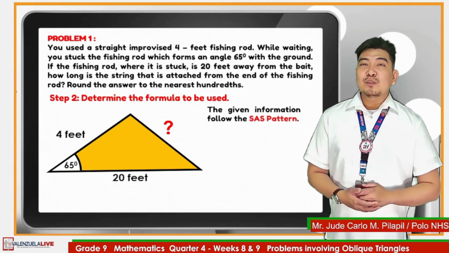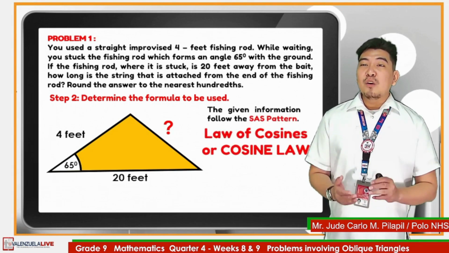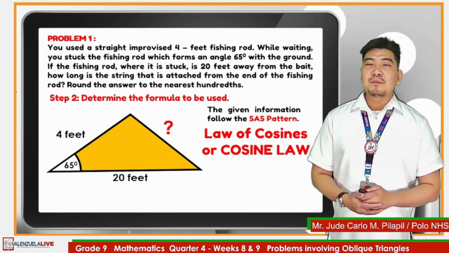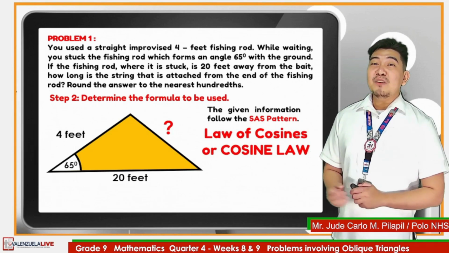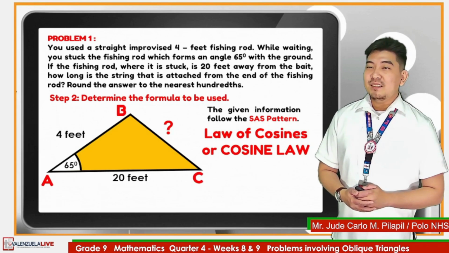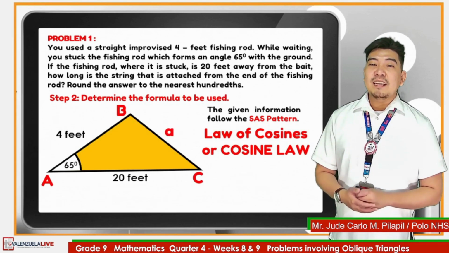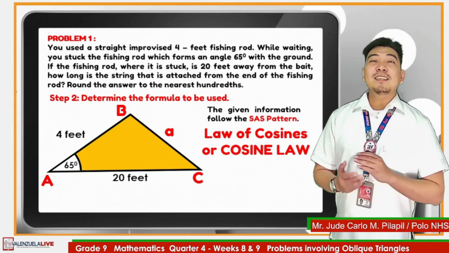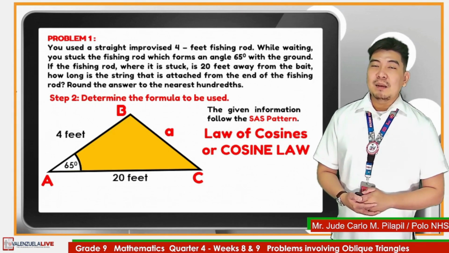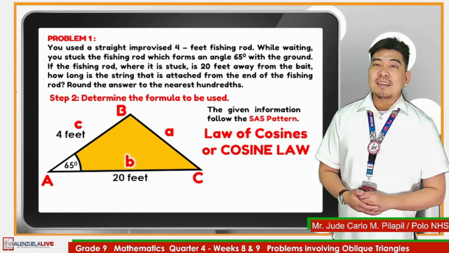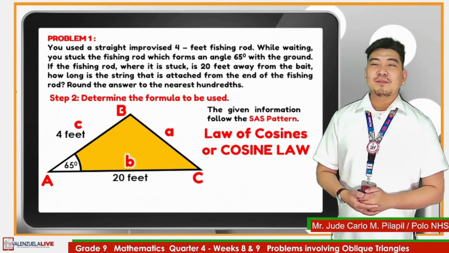Hence, we will use the law of cosines to solve for the length of the unknown side. Let us name the given triangle as ABC. Next, let us represent the unknown side as A, since it is the side opposite angle A, and the remaining sides as side B and side C.